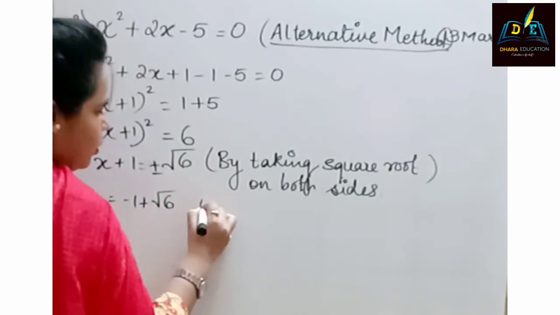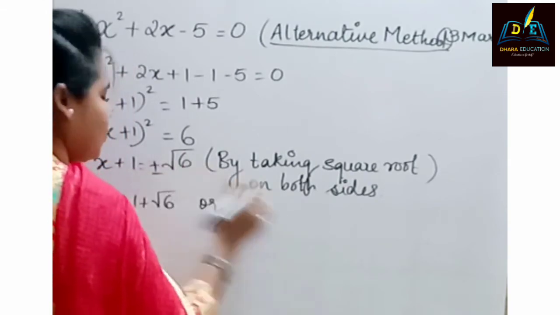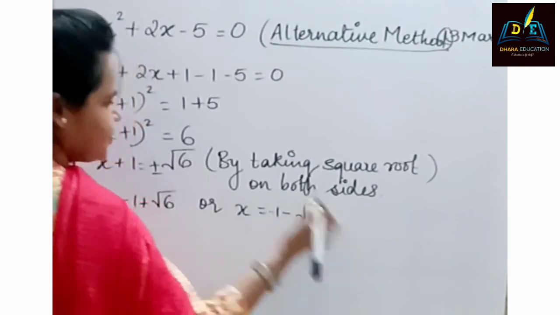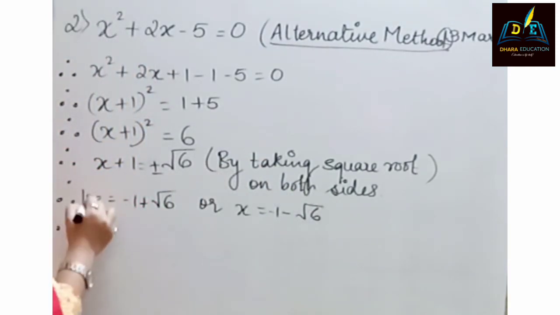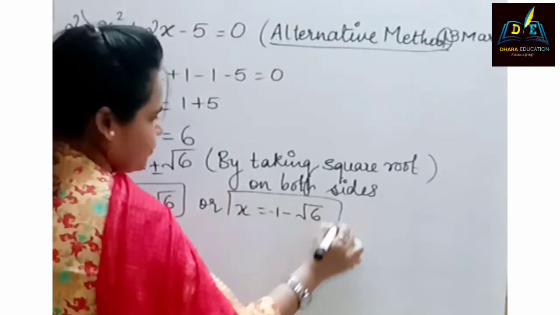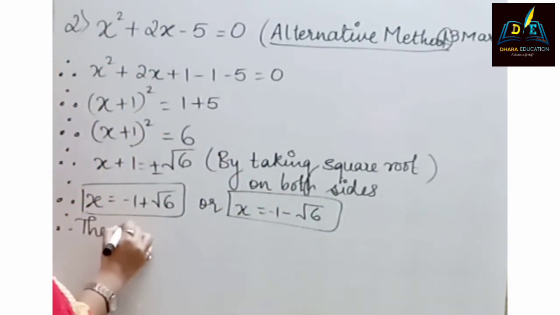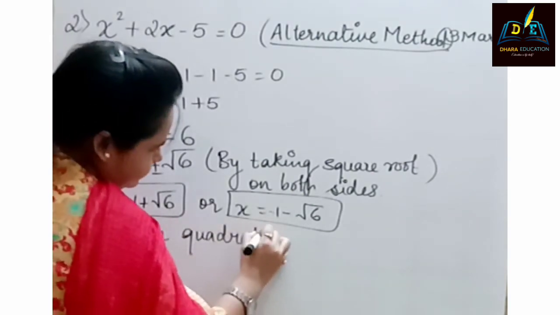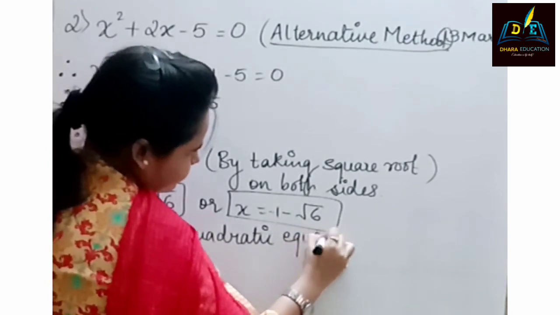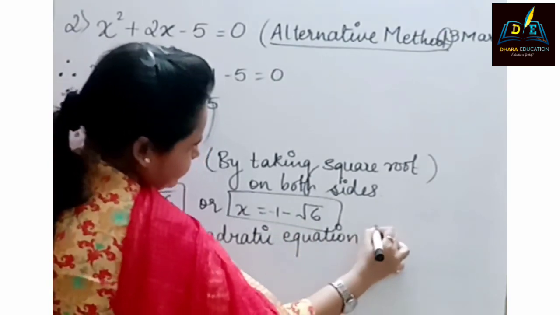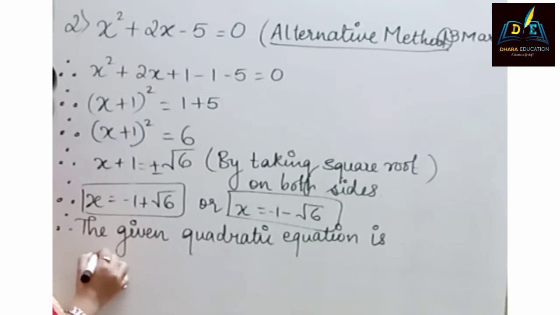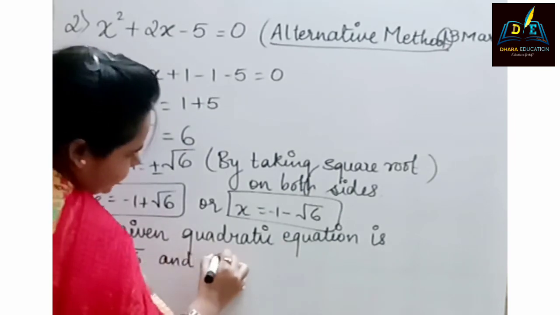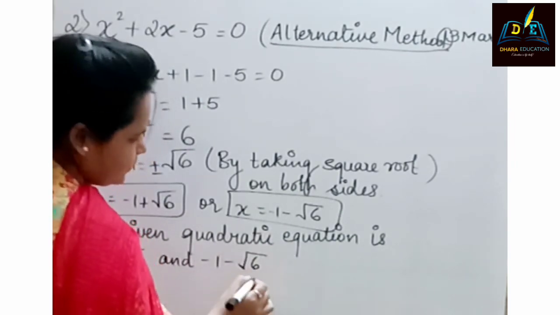Now I have written it: or x is equal to minus 1 minus root of 6. Therefore, this is the final answer. The given quadratic equation has roots minus 1 plus root of 6 and minus 1 minus root of 6. That's it.